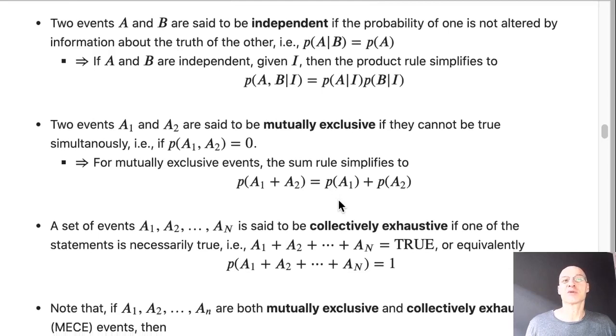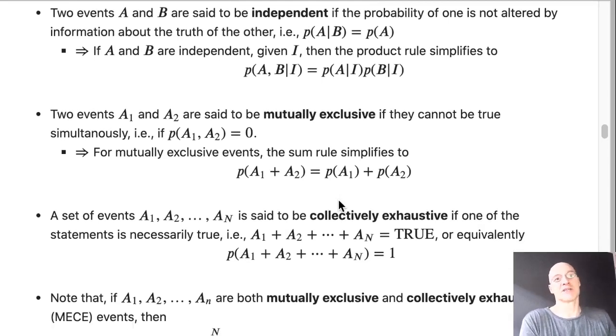Now, there is a third property between a set of events that's interesting. That's called collective exhaustion. If I have a set of events, A1 through AN, and one of these events is necessarily true, that means that A1 or A2 or A3 and so forth must be true, then basically I can write that the probability for A1 or A2 and so forth has to be 1, because the probability of true is 1.